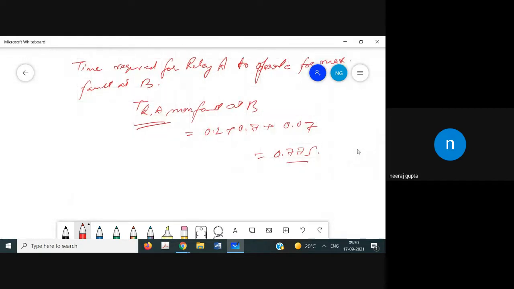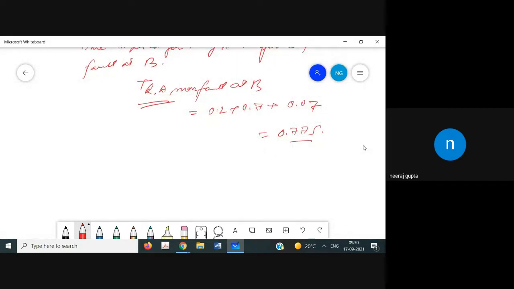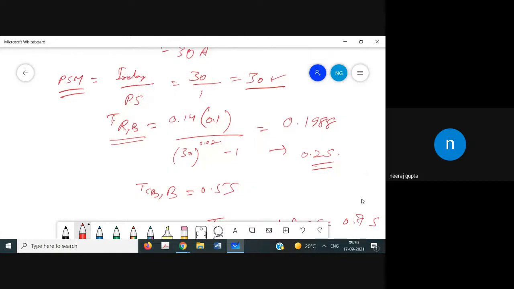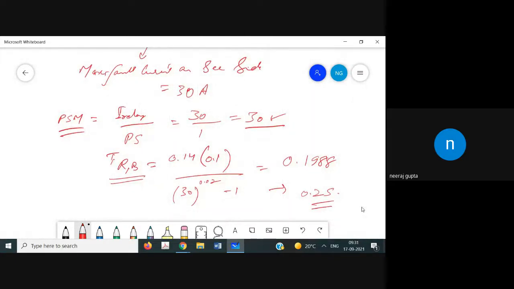Now, the TMS of RA can be found by the equation already given. We have the equation of TRA, and in place of TRB we can replace it by TRA, which we already know is 0.77, so we can find it out.